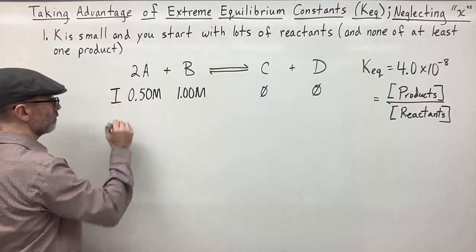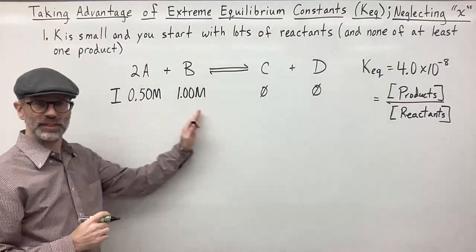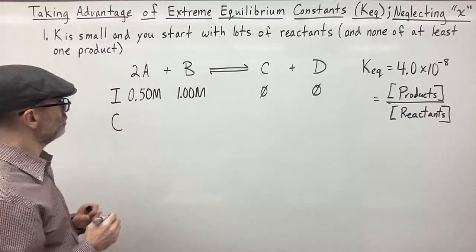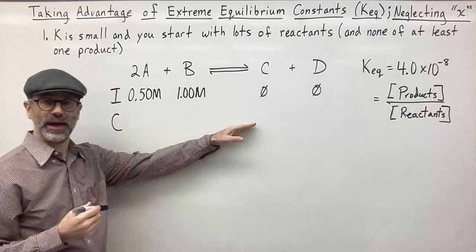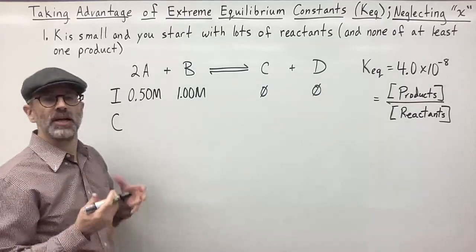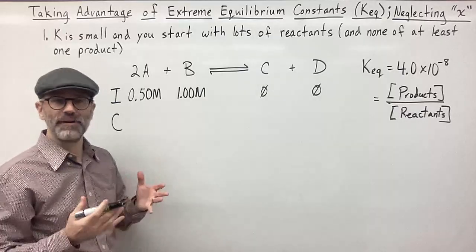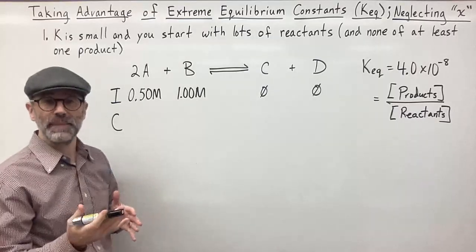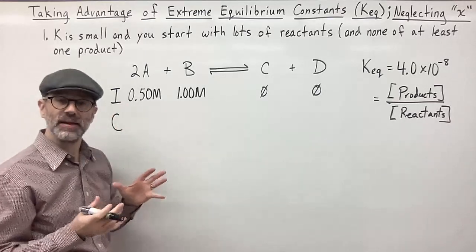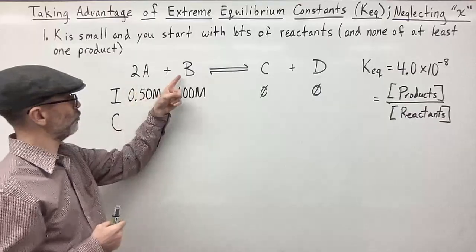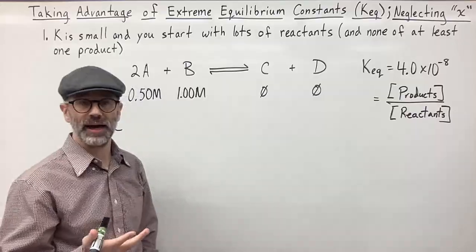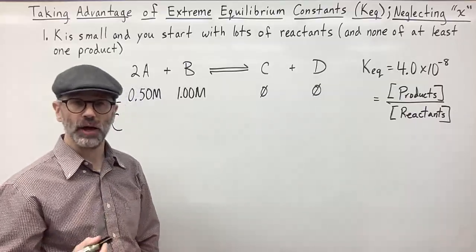So let's go ahead and set up our ICE table. This is I, our initial concentrations. For the change, we know it's going to shift this way, so we're going to lose a certain small amount. We're going to use x to represent that amount, and it has to be stoichiometric. What does that mean? Whatever the coefficients are here, we have to multiply x by those coefficients as well.